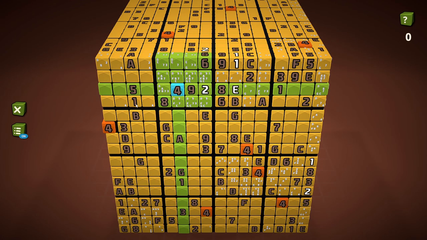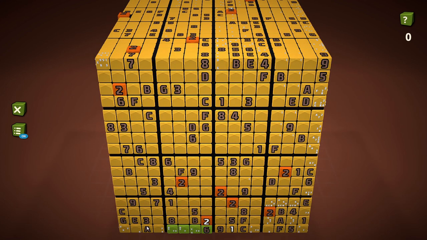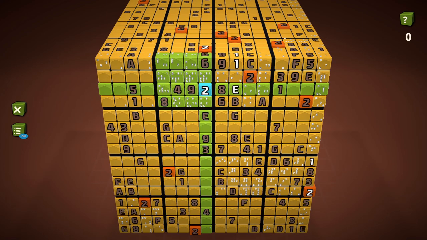Alright. Let's go back to the start. 1, and then 2. No, no, no. So it has to be top row. It can't be that one. So it has to be one of these 2. Yeah, nope. Looks like I already did that. 3. Get the 3.